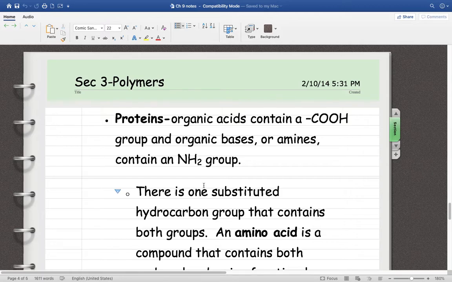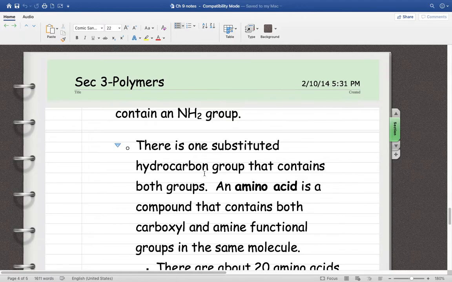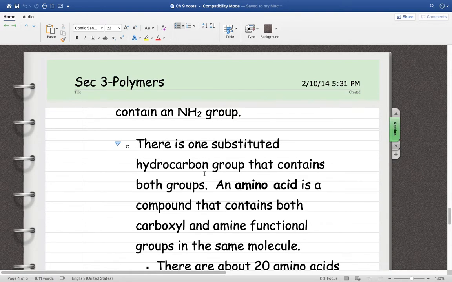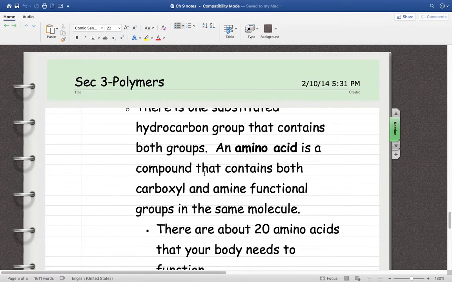Amino acid. So this is one substituted hydrocarbon group that contains both groups. So it's a substituted hydrocarbon with one carboxyl and then an amine group. The amino acid is a compound that contains both carboxyl and amine functional groups in the same molecule.